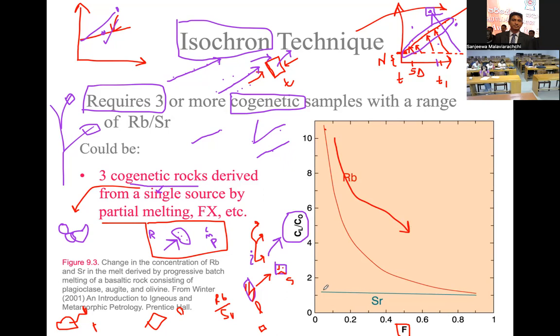Strontium, being very compatible in the solid compared to rubidium, might not change much, although they separate out like here, there will be no big change.